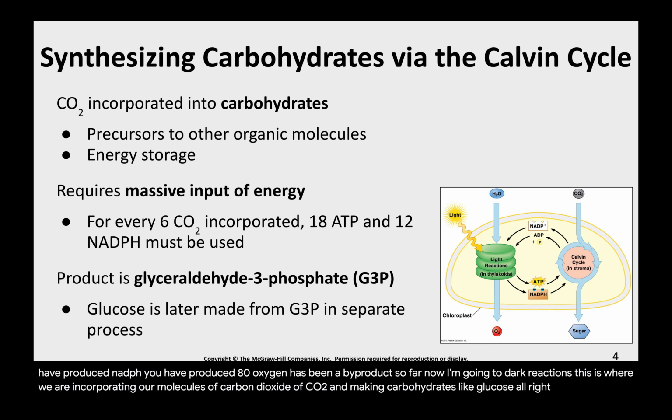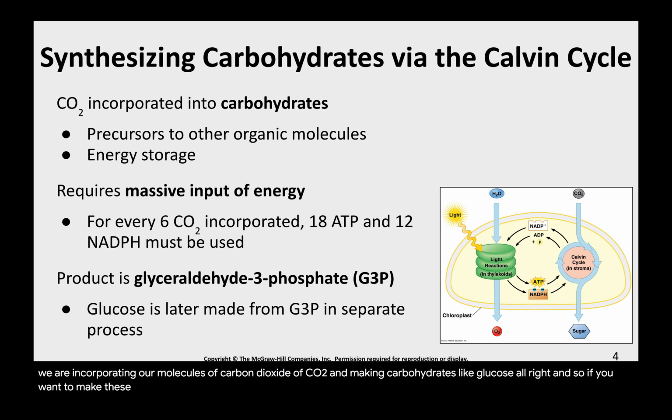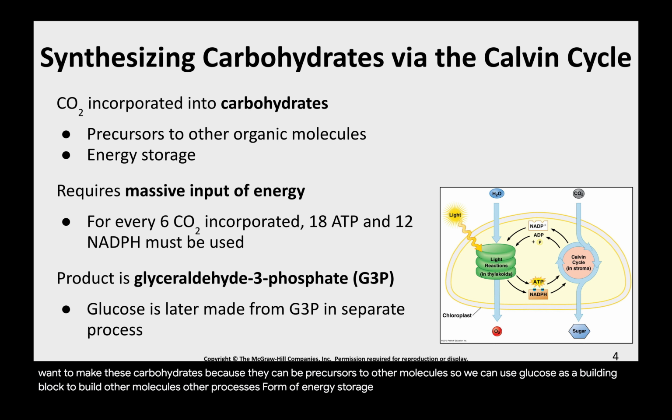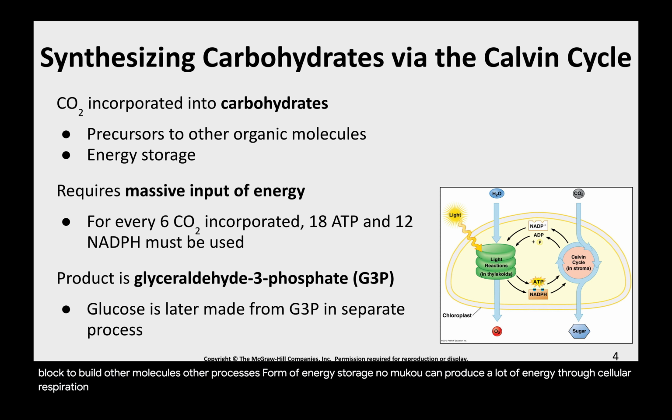We want to make these carbohydrates because they can be precursors to other molecules. So we can use glucose as a building block to build other molecules and other processes. But glucose can also be a great form of energy storage. Glucose can produce a lot of energy through cellular respiration. So we can essentially store energy in our glucose molecules.